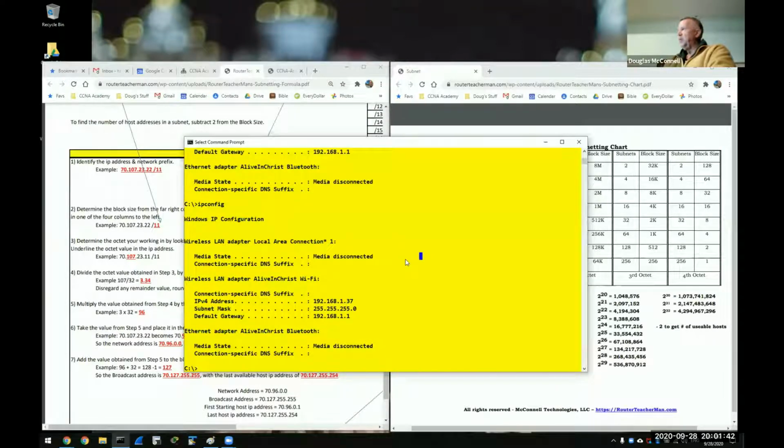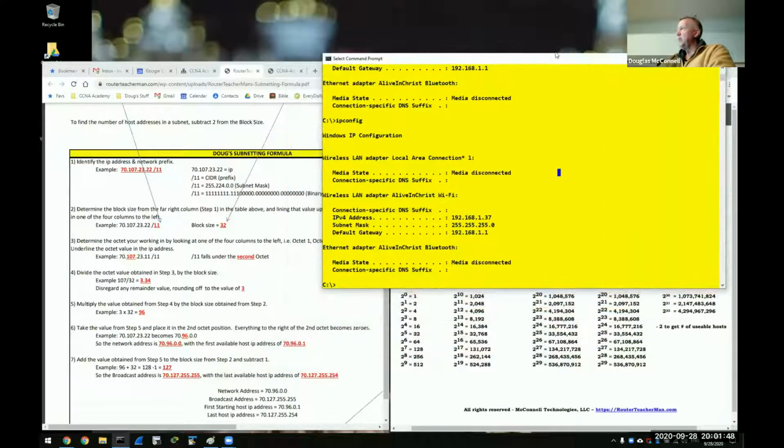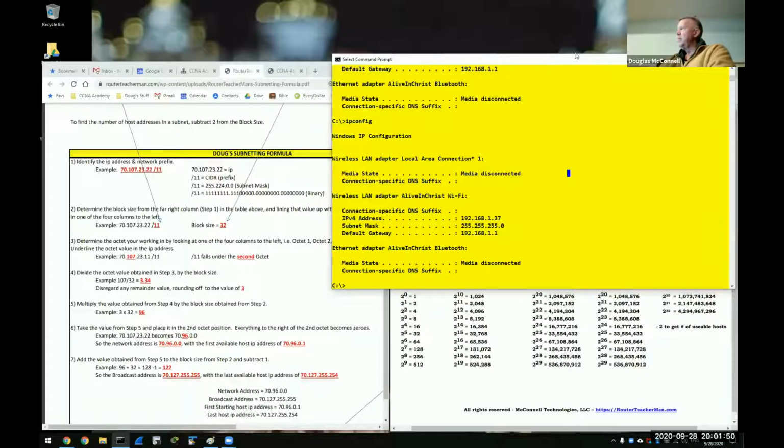In fact, why don't we apply my formula to it? Should we do that? Okay, what's step number 1? Identify the IP address and capture the prefix. All right. What is it? 192.168.1.37.